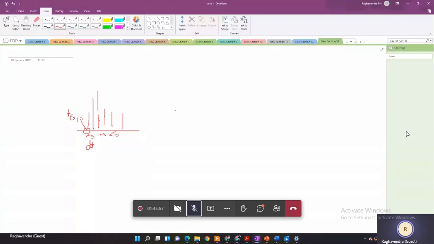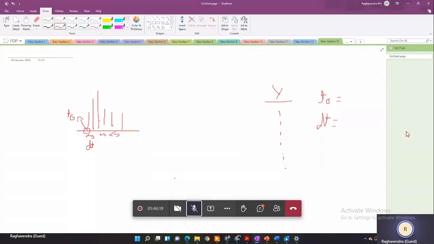So instead of sending two arrays of data, what I send is y. Of course, I'll have to send whatever amplitude data is there. There's no going around that. But for timing information, instead of sending a separate array, I send t naught, which is the original time, and then I send dt, which is the space between two samples.